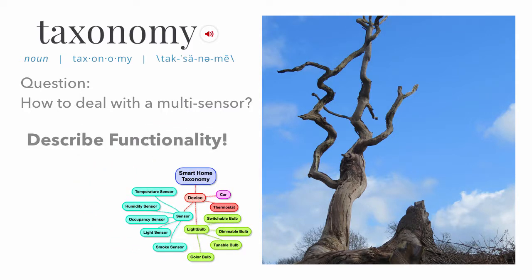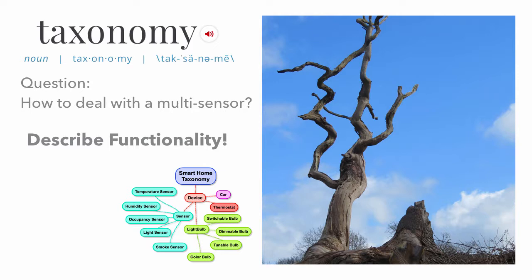The solution to that is that instead of trying to have very fine-grained categories, we rather go for describing the functionality and leave the device categories at a bit higher level.